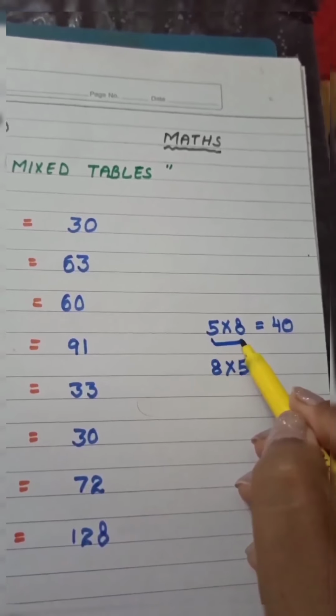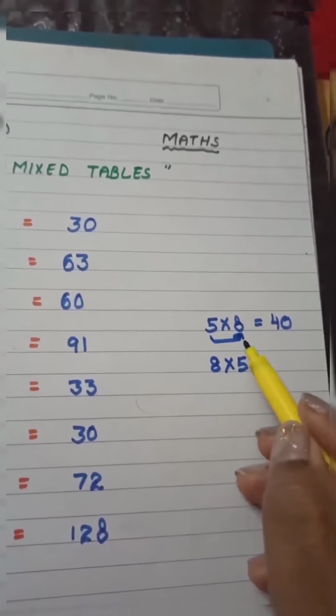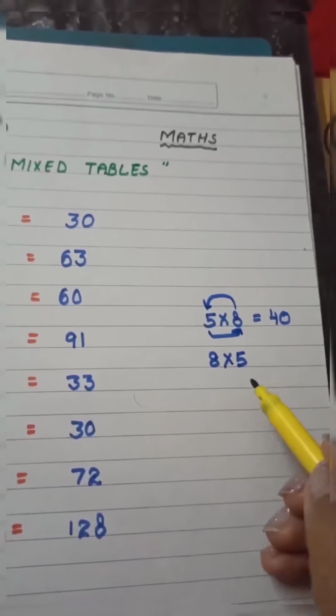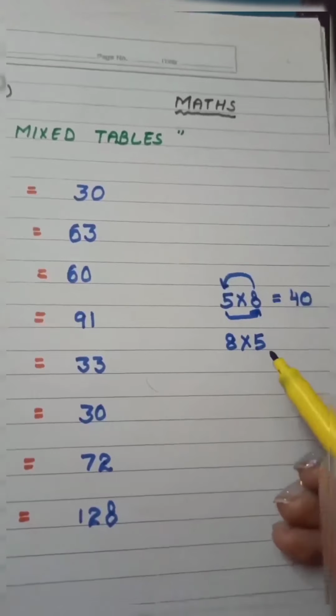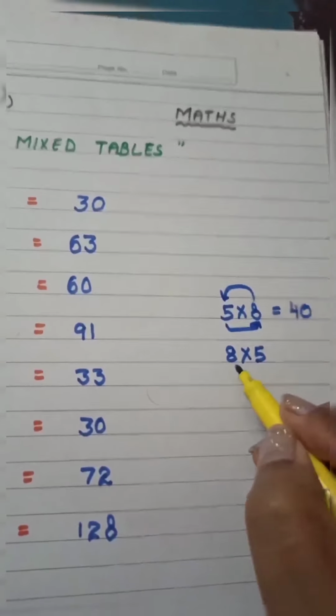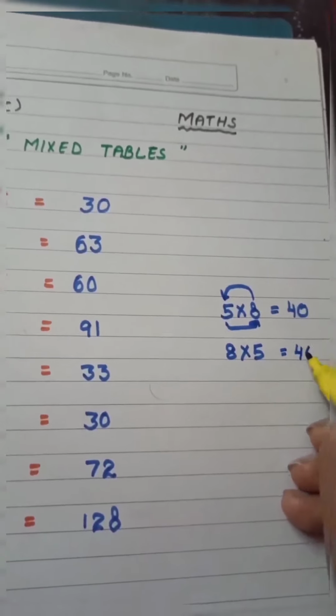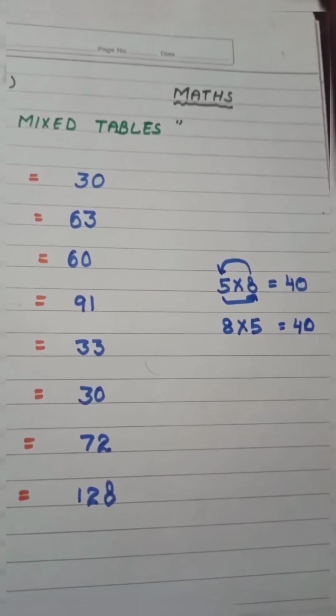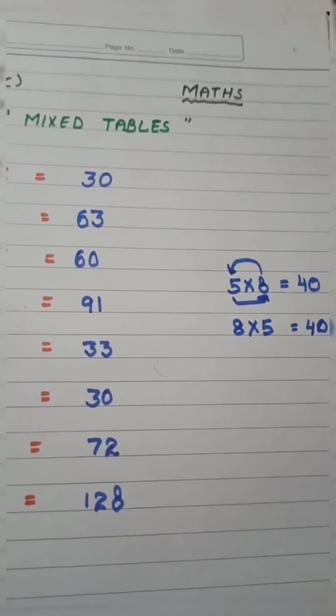Either you can read out a table of 5 up to 8, or you can read out a table of 8 up to 5. So this is how we can do it, and the answer will be the same. So 8 5s also gives us 40. This is the rule of multiplication.